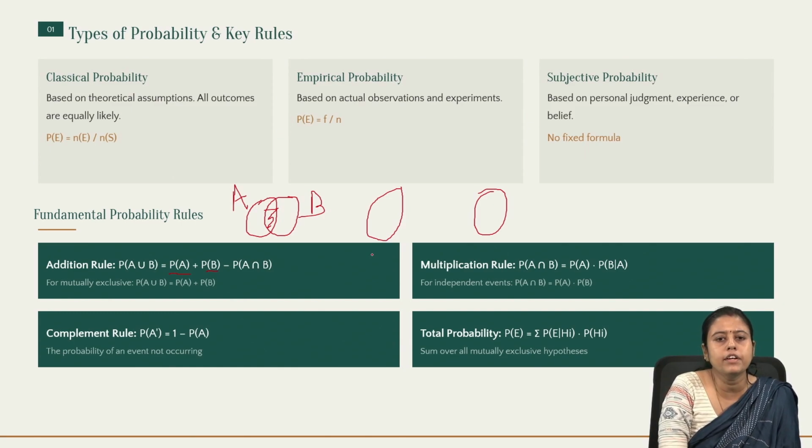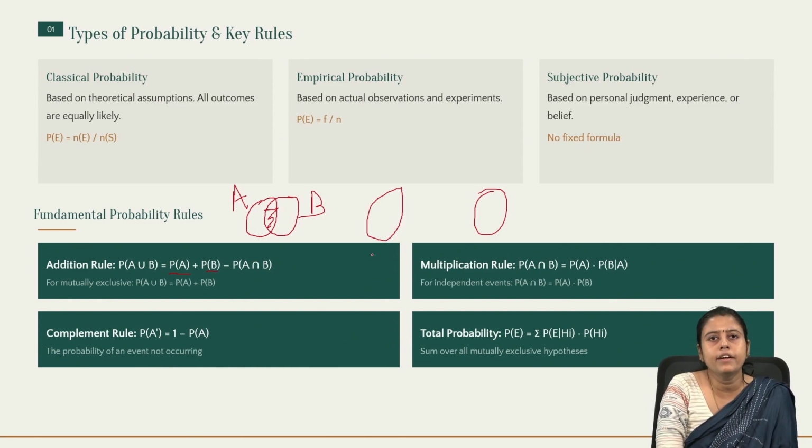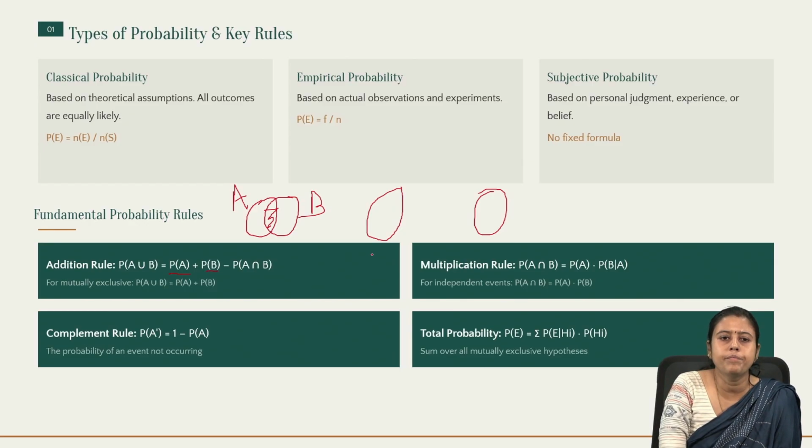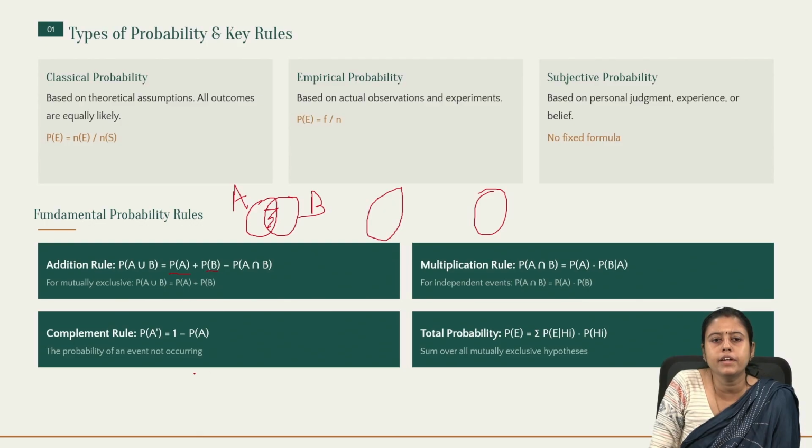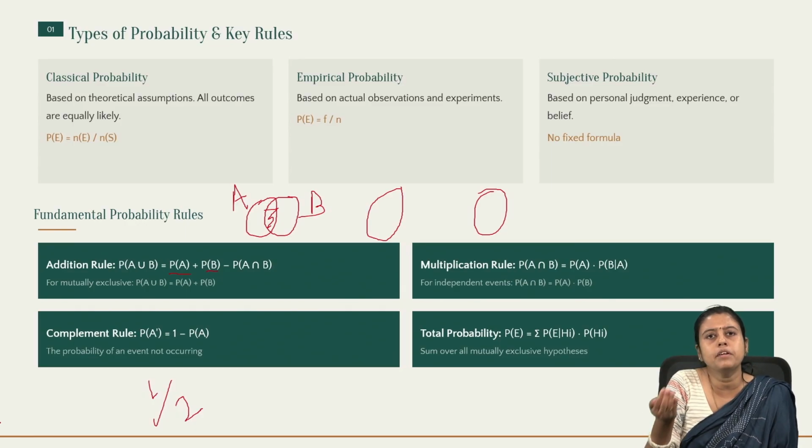What is the complement rule? P complement of A is equal to 1 minus PA. I am giving one example. Say I want to check how many times head will come. What is the probability of head coming? Always 1 by 2. Then what is the complement? Complement means opposite.